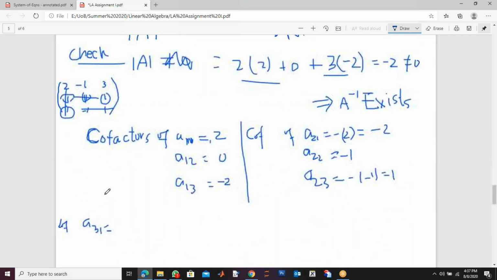Then A32 is this. 2 into 1, 2 minus 3, minus 1, but minus from the formula as well. So minus into minus 1 is 1. And the last one is A33. For A33, I got the last row, last column, 2 into 1, 2 and plus 1, 3. So I got this. These are the cofactors.